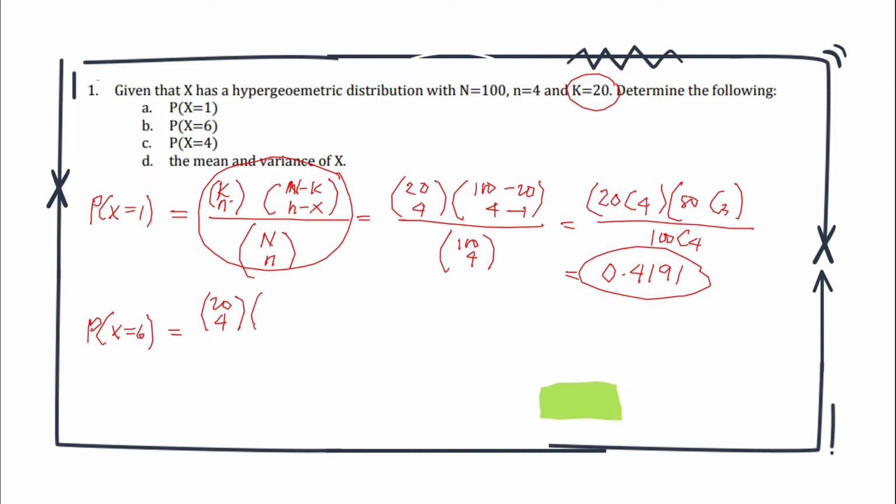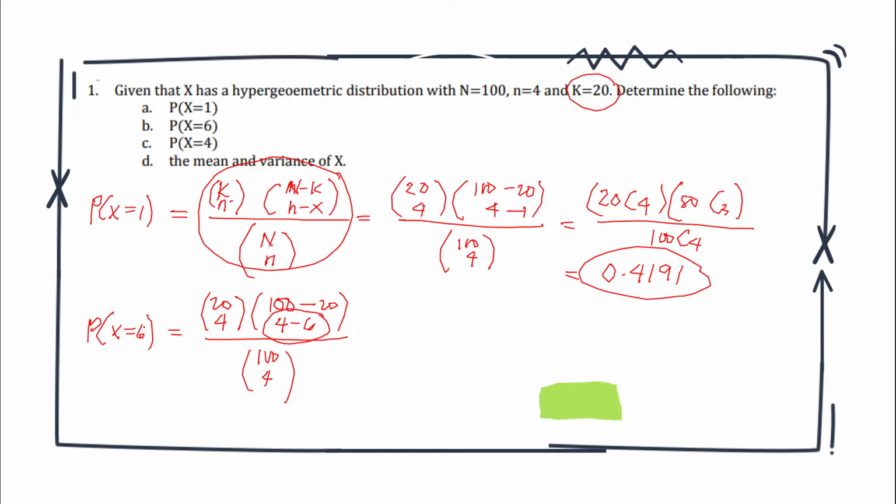And take note, next is N. What is our N? Here it is 100, minus the k, which is 20, and n is 4 minus 6, over 100 taken 4. So take note, 4 minus 6 will create a negative.